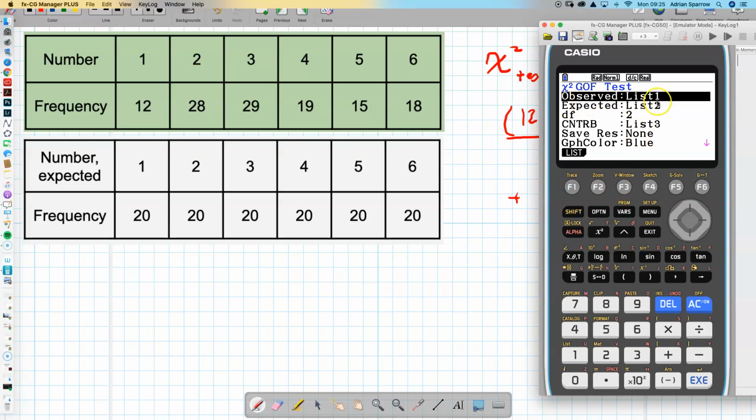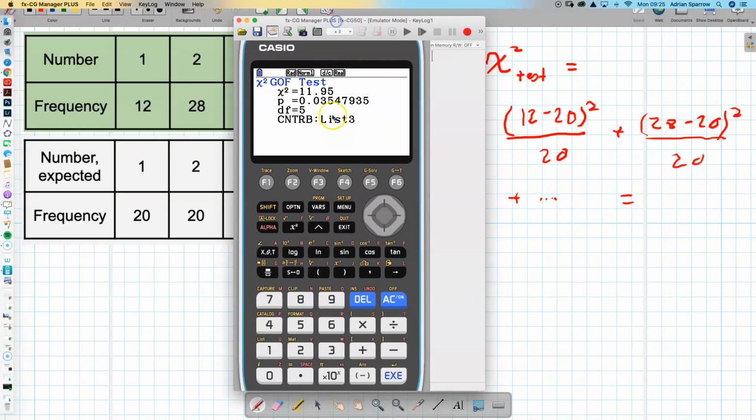It's saying my observed is in list 1, yes. Expected in list 2, yes. Degrees of freedom is 5. And we'll ignore this one for the time being. We'll just put all the answers in. And it gives me my chi-squared is 11.95. And my p is 0.035.